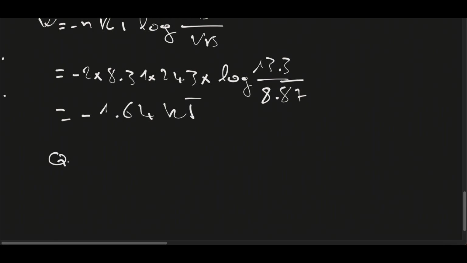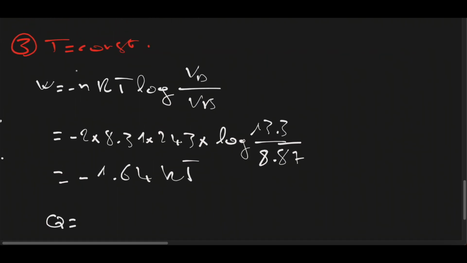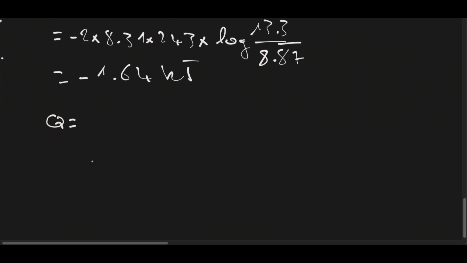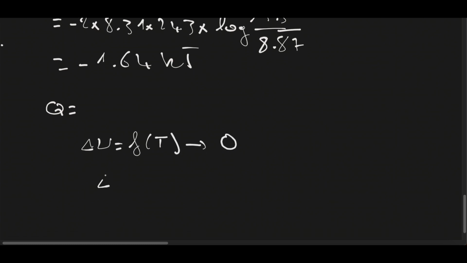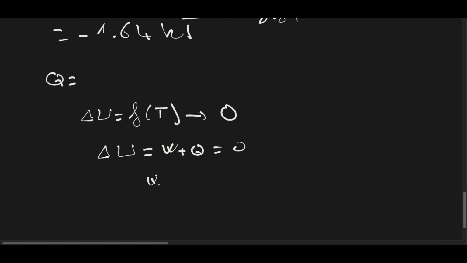Here the heat, but before talking about the heat, it is an isothermal change, and because the internal energy depends only on the change in temperature, therefore here the change in internal energy is 0. And because the first law states that the change in internal energy is equal to the sum of the work plus heat equal to 0, therefore the work is equal to minus heat.